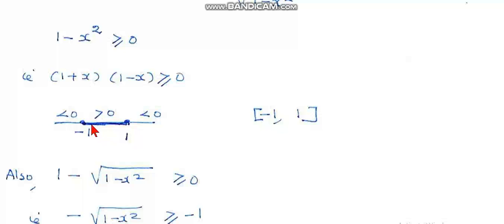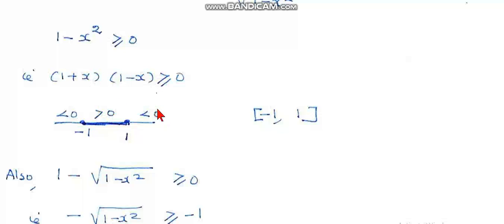Now between minus 1 and plus 1, we know 0 is here. Substitute 0. So this will be 1, this will be 1. So it is positive within this interval.